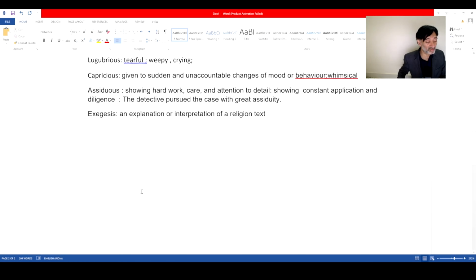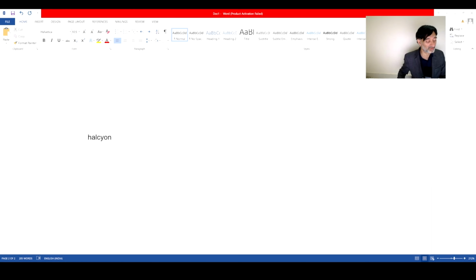Okay, let's move on to another word. Halcyon. What is it? It is something very peaceful. You must have heard this word. Halcyon. Peaceful and gentle and calm atmosphere, right? It is also a genus of tree kingfishers, but that's not what I'm referring to. I'm referring to the adjective that is calm, peaceful, and prosperous.